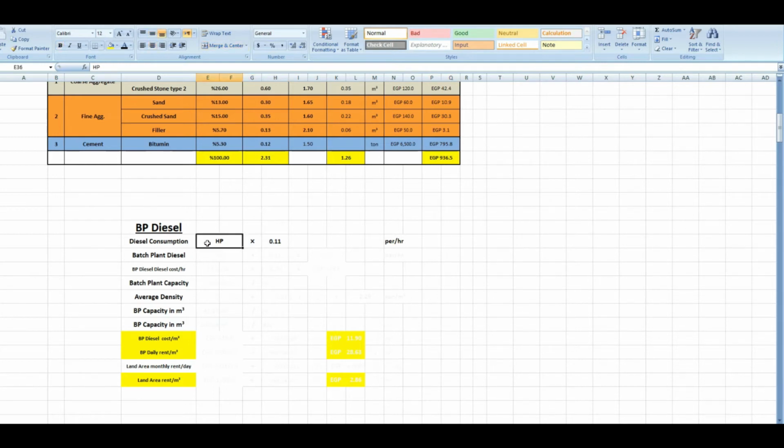This gives you the consumption of diesel per hour. This simple equation is taken from higher authority, but I make it simple and gives you an accuracy more than 95%.